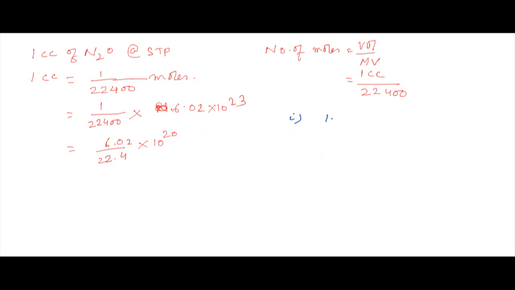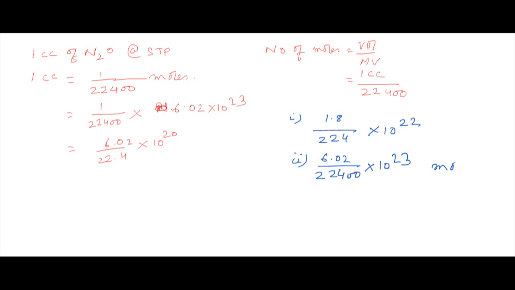Number 1, they have said 1.8 by 224 into 10 to the power 22. Number 2, they have said 6.02 by 22400 into 10 to the power 23. This is molecules. This one was atoms.